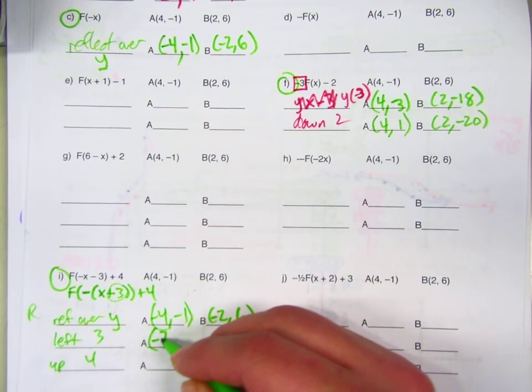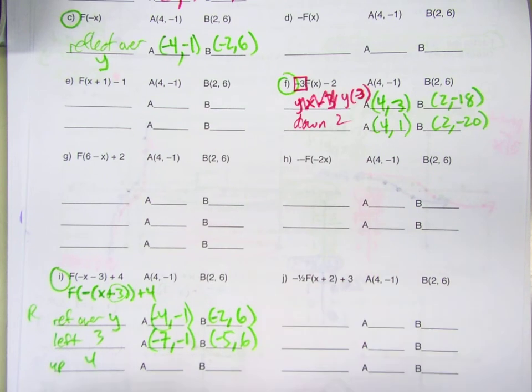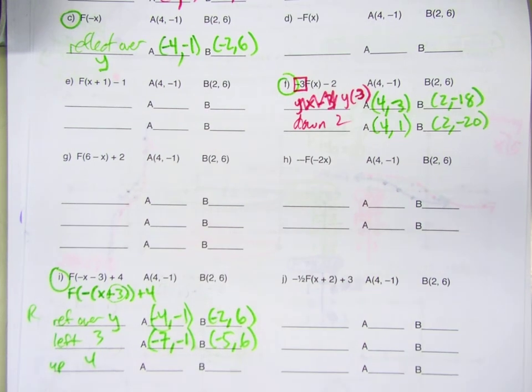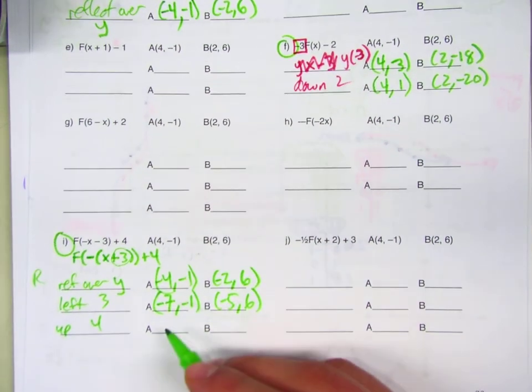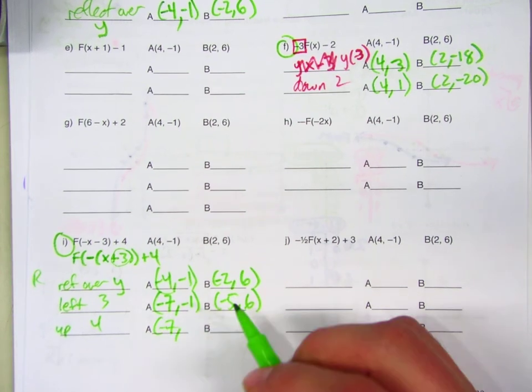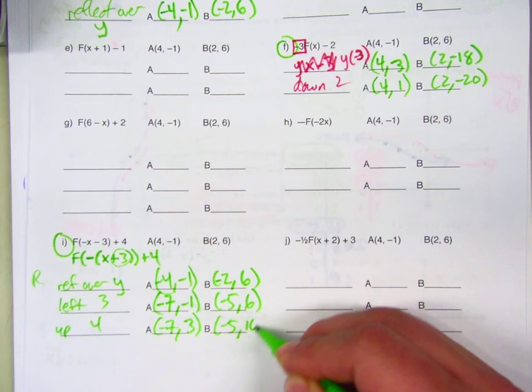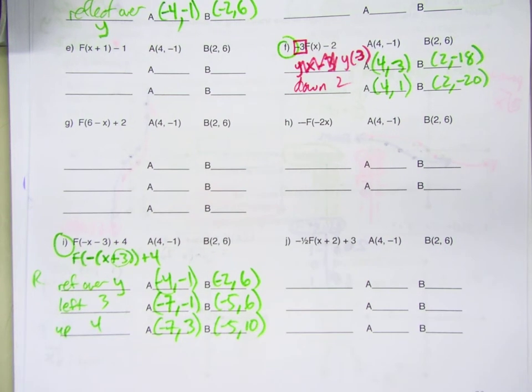So the answers are (-7, -1) and (-5, 6) for that second step. The last step is to shift these 2 points up 4 units. And so now we should end up at (-7, 3) and (-5, 10). Does that make sense? Okay.